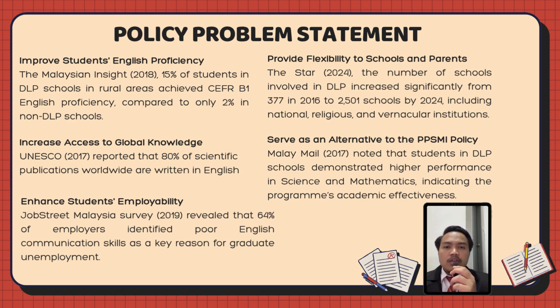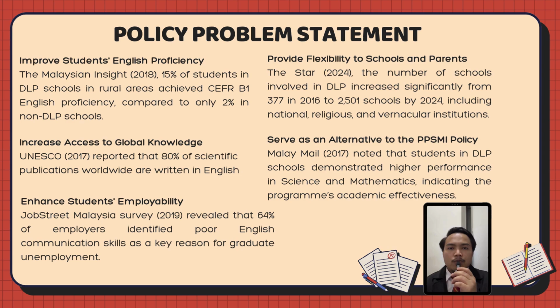According to STARS in 2024, the number of schools involved in DLP increased significantly from 377 in 2016 to 2,501 schools by 2024, including national, religious, and vernacular institutions. This flexibility encourages broader participation while respecting linguistic diversity and parental preference.